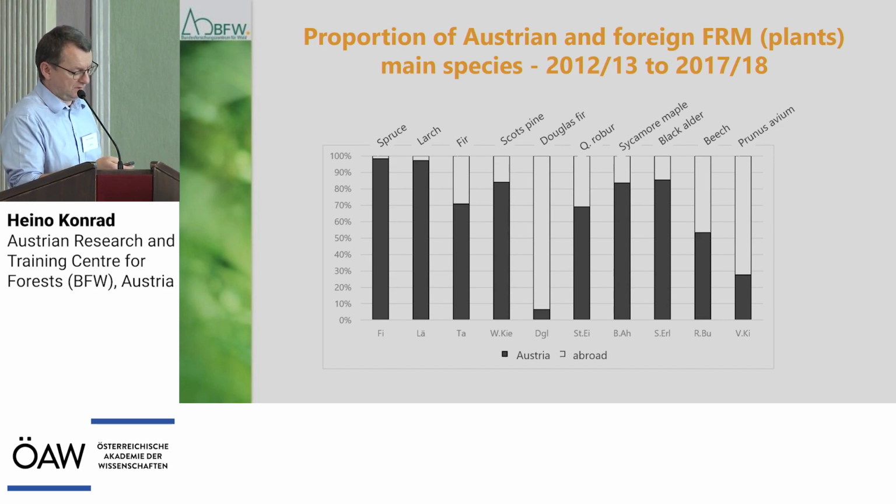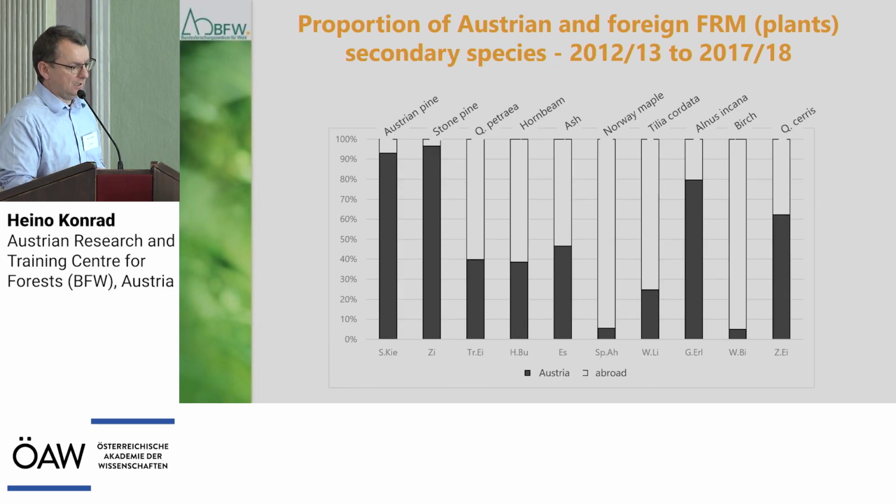But it's kind of surprising that we don't have enough beech or cherry in Austria. When we come to the secondary tree species, we are well covered only for the Austrian pine and the stone pine, because these species are not so important in the neighboring countries.